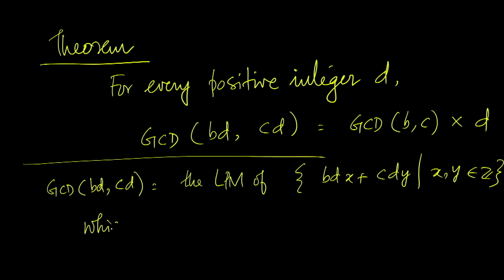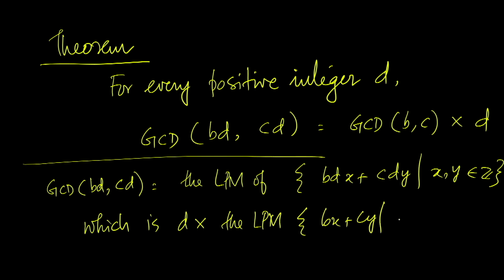Which is D times the least positive member of Bx plus Cy, where x and y are integers. This is the case when D is a positive integer, which is indeed the case here.